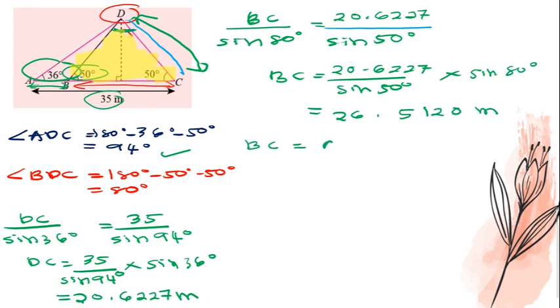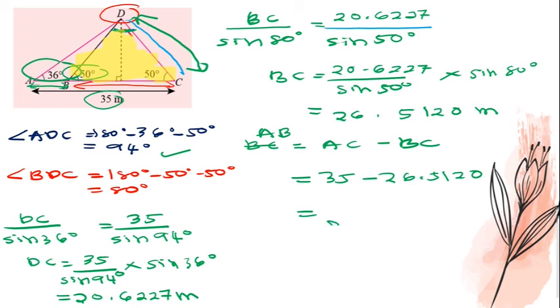So how to find AB? AB is equal to AC minus BC. AC is 35, BC is 26.5120. So you will get AB as 8.488 meters.